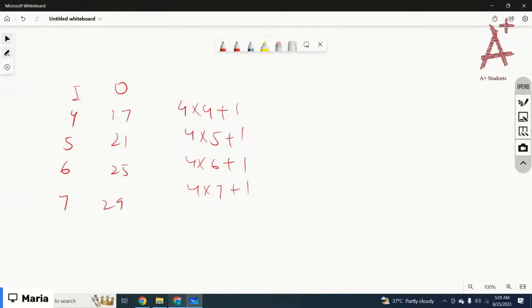You can see 4 times 4, 16 and 1, 17. 4 times 5, 20 and 1, 21. 4 times 6, 24 and 1, 25. And 4 times 7 is 28 and 1, 29. That means the pattern rule would be 4 times n plus 1, right? You have to calculate the 10th value. It would be 4 times 10 plus 1. That would be 41, right?